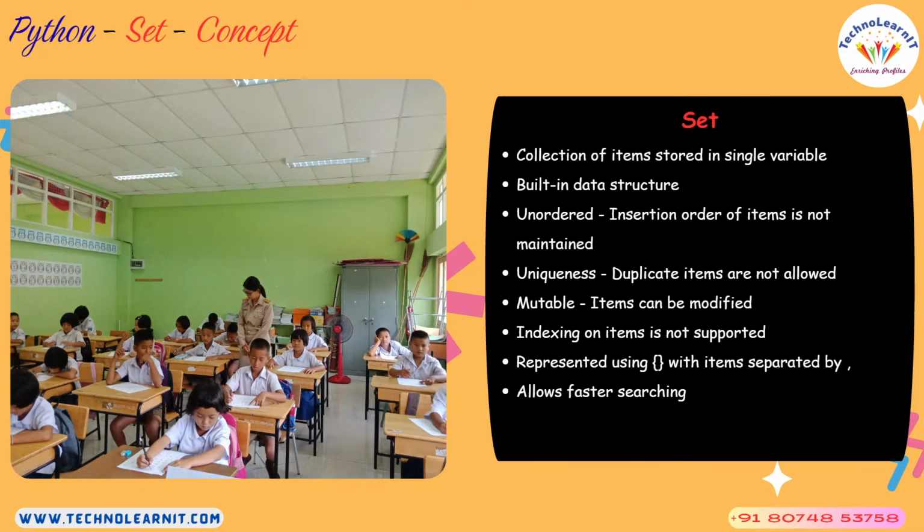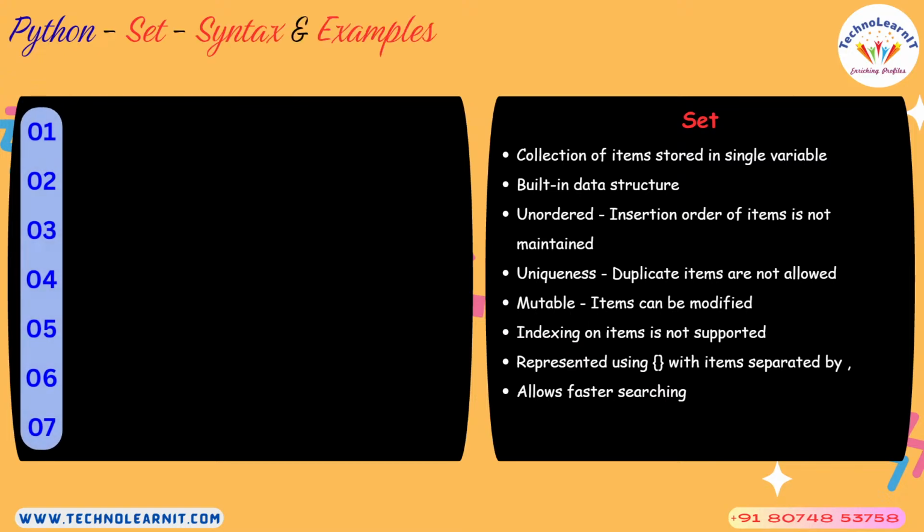All right. And indexing on items is not supported. The reason being the ordering is not maintained, hence indexing doesn't make any sense on sets. And the set is represented using flower braces with each item separated by comma within it. Okay, and set allows us for faster searching of items. All right, now let us look at syntax and examples.